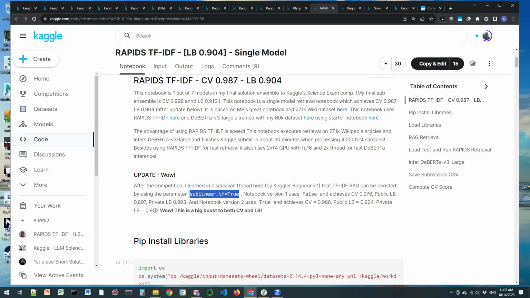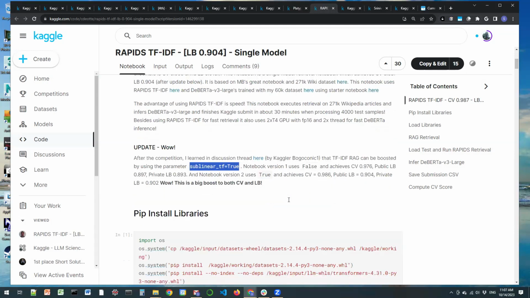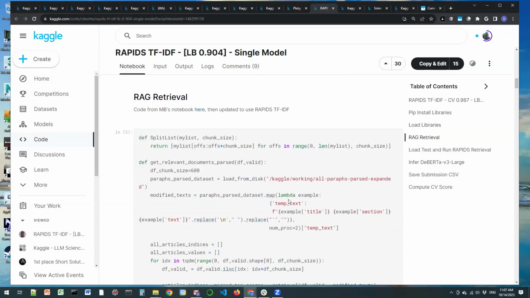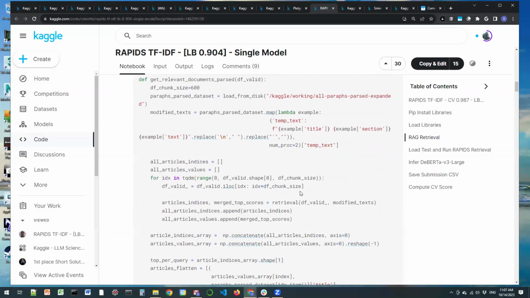That's a significant boost. Worth checking out, how you convert RAG to TF-IDF.